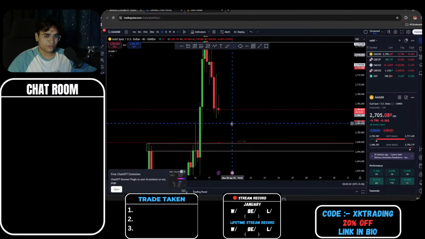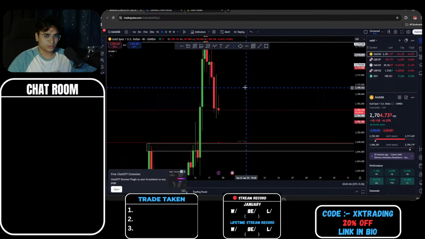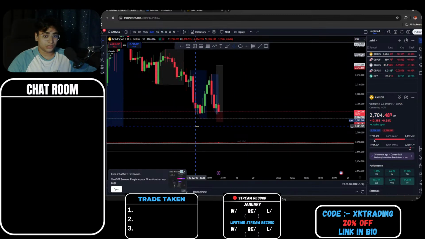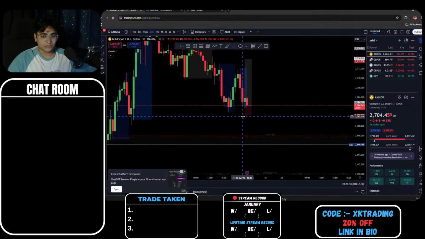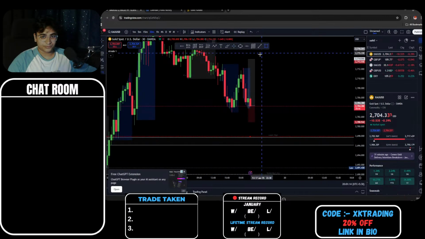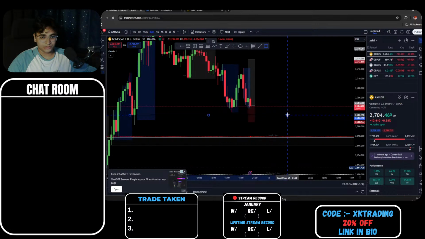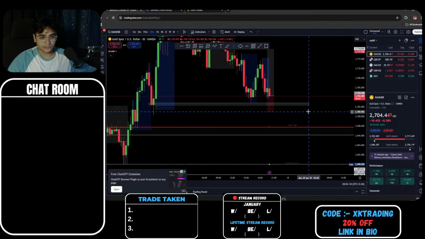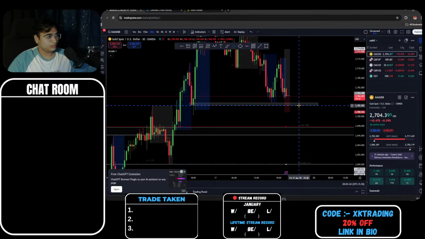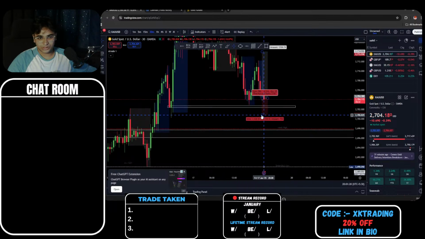But if we take out the low first and then flip bullish, that will be a perfect example for NY session to take out the London low and then move bullish. If we are doing something like that, then it's a different story. Also, we will be tapping into this zone properly, creating a proper structure. So yeah, that will be the trade idea for today.